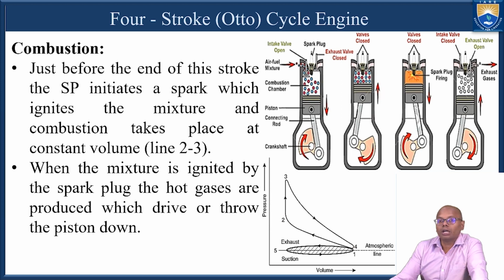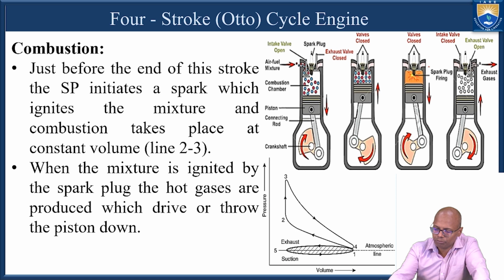Now during the combustion, the air fuel mixture will get ignited by the spark, and high temperature gases will form because of the combustion of the air fuel mixture. And these hot gases will push the piston downwards.